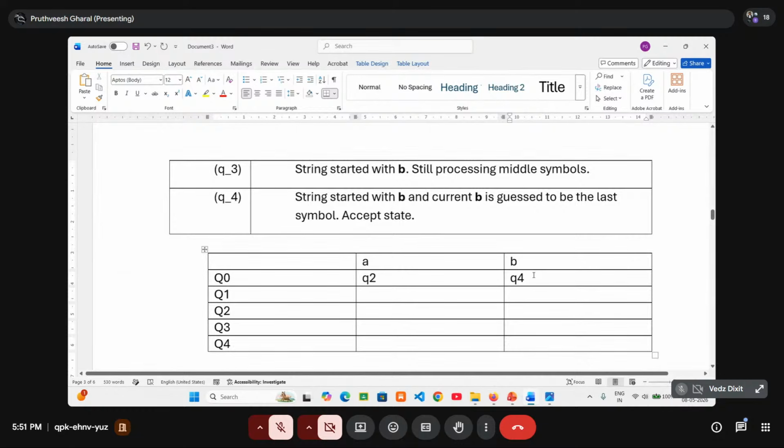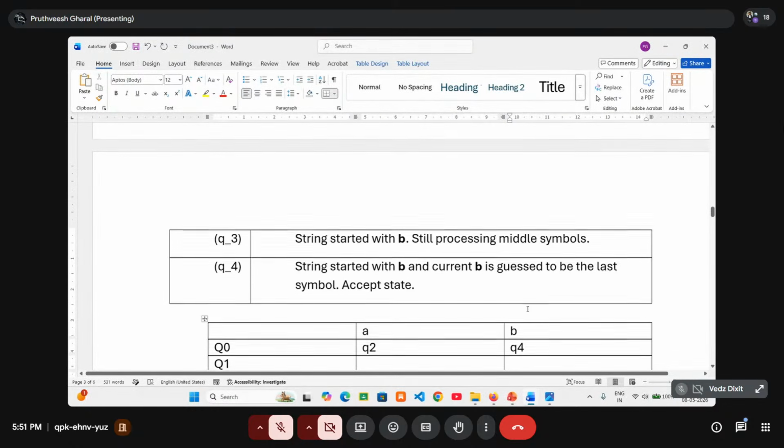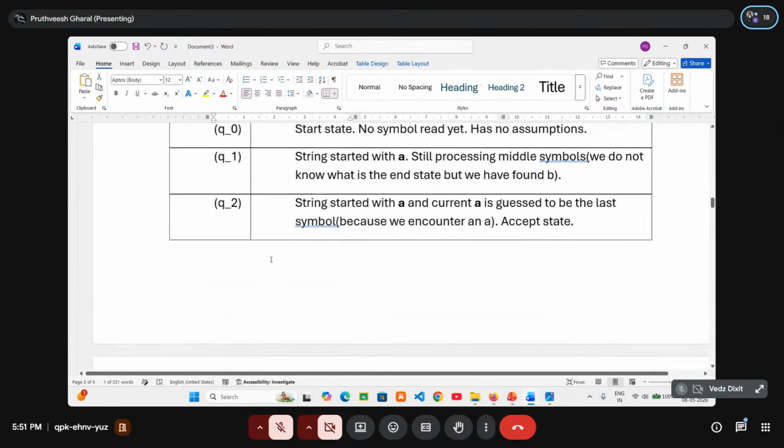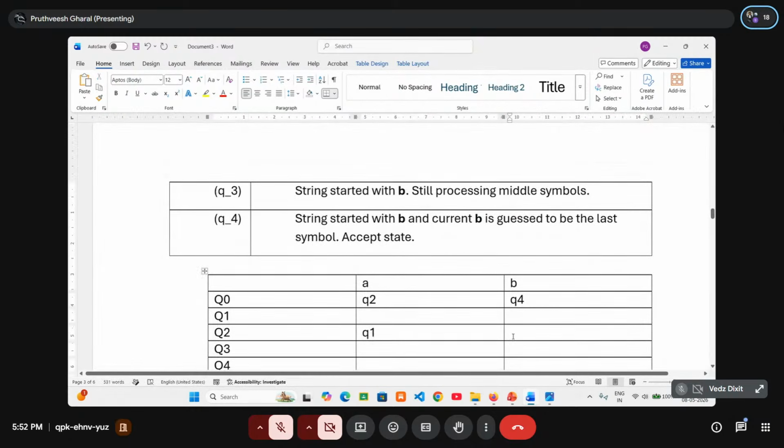So when the machine is in Q2, the next state it will move to is Q1 on receiving A. And once it sees a B, the next state the machine might be in, if it is in Q2, is the state Q3.